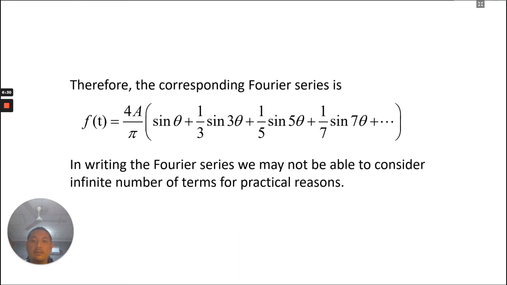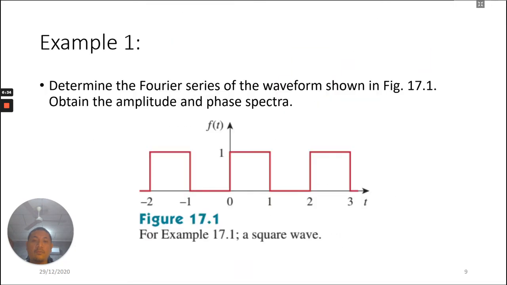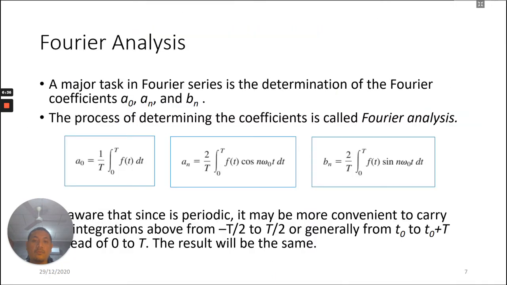Take note here that an is 2 over T, integration from 0 to T of f(t) cos n omega naught t, and the same thing for bn, integration from 0 to T of f(t) sin n omega naught t.